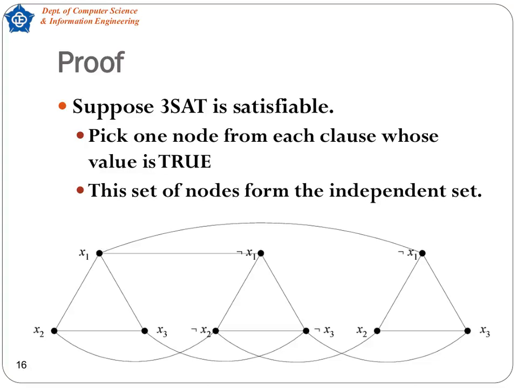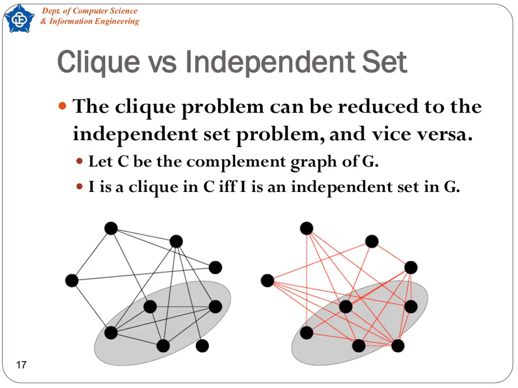Building on that graph-based reduction, we now see that finding a clique and finding an independent set are really the same task. One is just the complement of the other. On the left, we have our original graph G with a set of shaded vertices. Notice none of these shaded vertices share an edge, so they form an independent set.